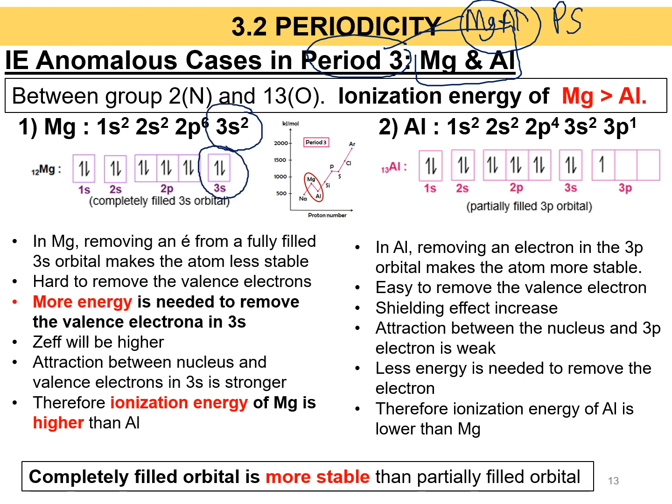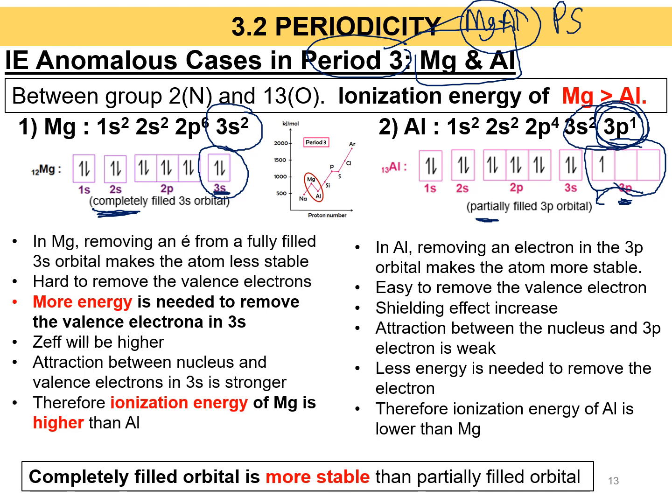So if you look at 3s here, it's a completely filled 3s orbital. Okay, manakala if you look at the Al, Al dia punya valence orbital dia berada pada sini kan, tapi yang paling terkeluar sekali ialah pada 3p. 3p ada satu saja elektron. So is actually Al ada partially filled 3p orbital.